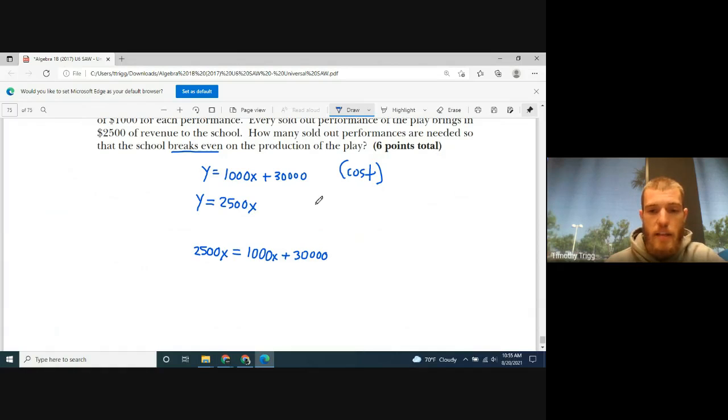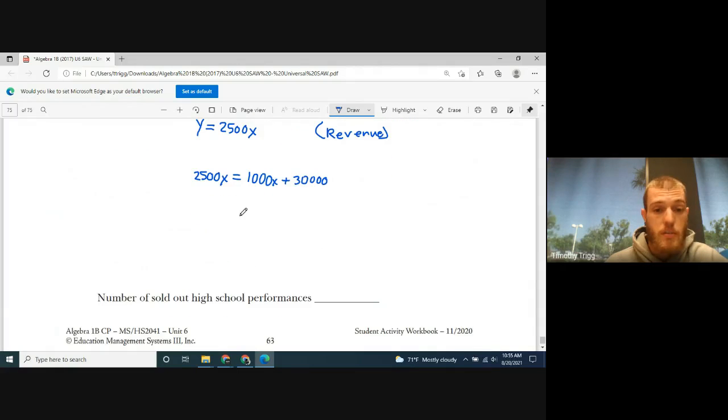So this is the revenue equation. Set the cost and revenue equal to each other and solve for X. That'll tell you the number of performances.